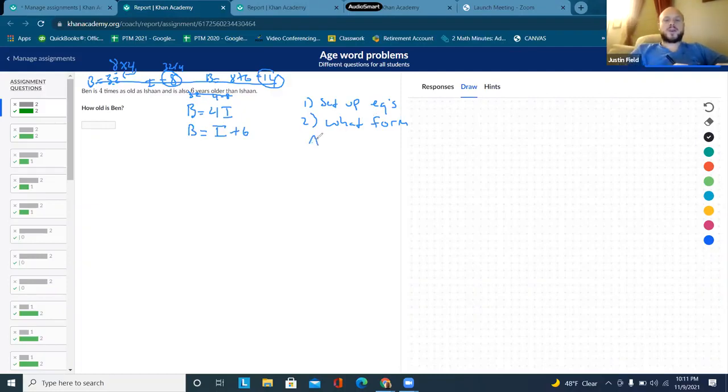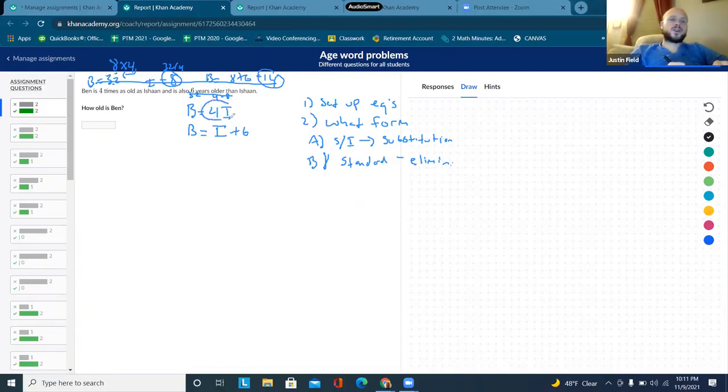But in systems, it's usually just slope-intercept form or standard form. And if we have slope-intercept form, we're using substitution for our solving process. If we have standard form, both of them in standard form, we're using elimination. Okay, so these are both in slope-intercept form.